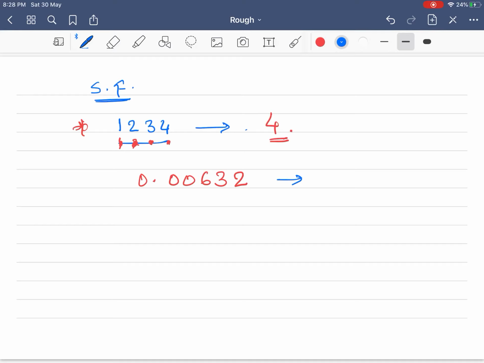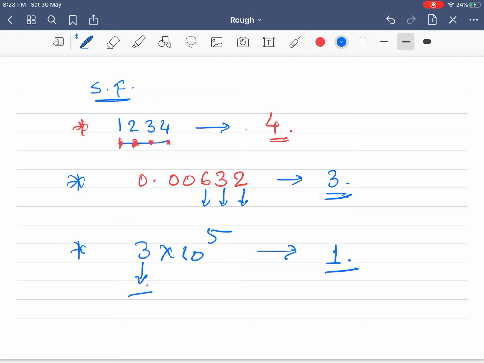There are only 3 significant numbers. If I am writing 3 times 10 to the power 5, there is only one significant number.